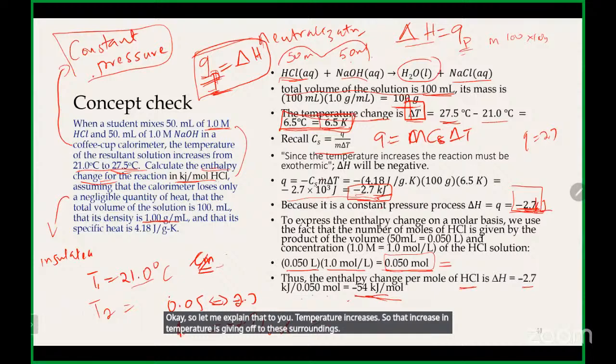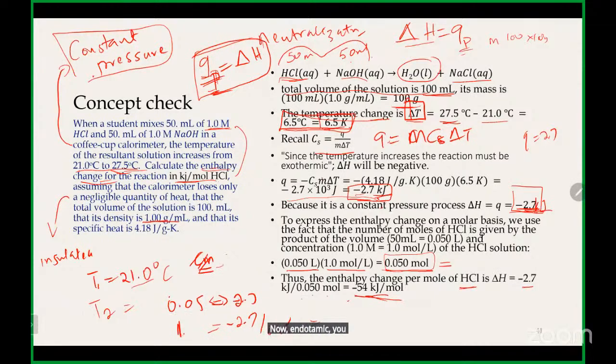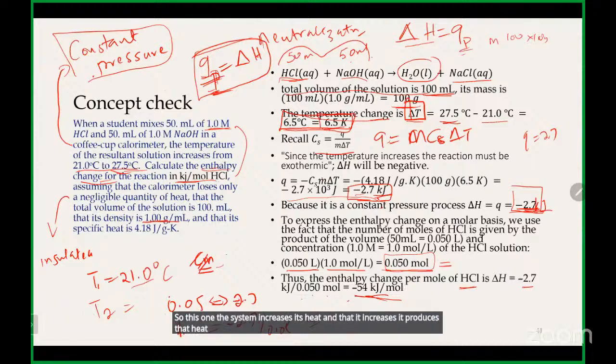Now, endothermic, you are adding heat to the system. Do you understand? Yes, ma. So in this one, the system produces heat, and that heat is given off to the surroundings. Does that make sense? Yes, ma.